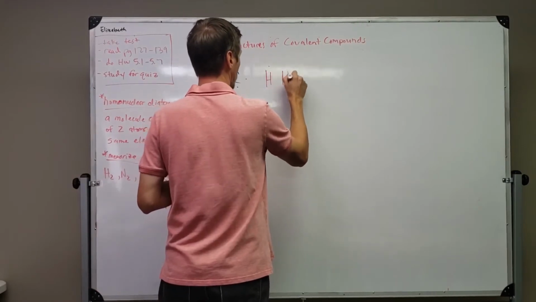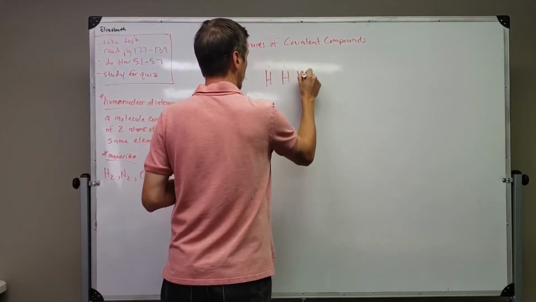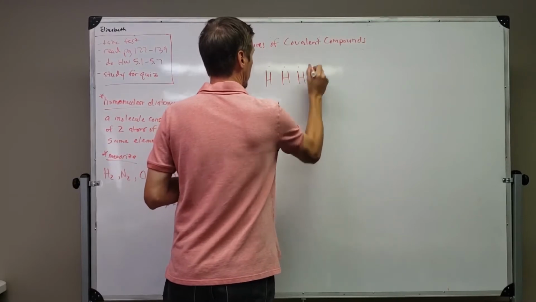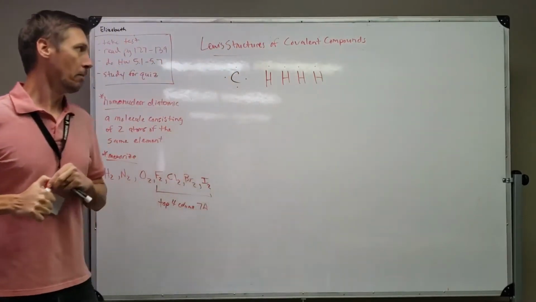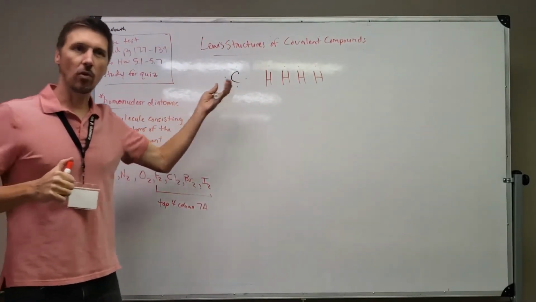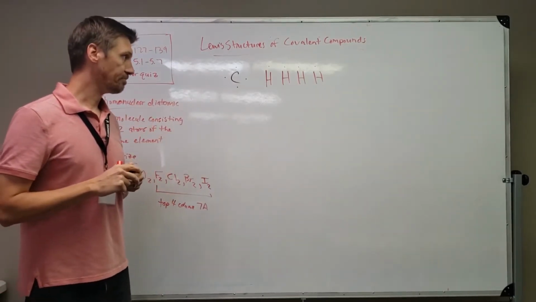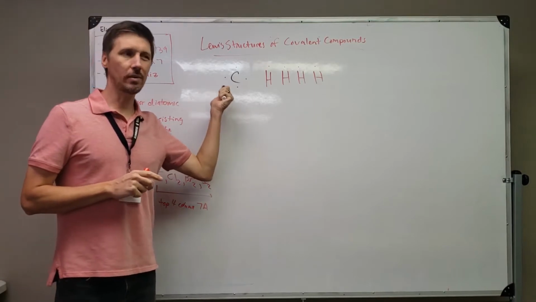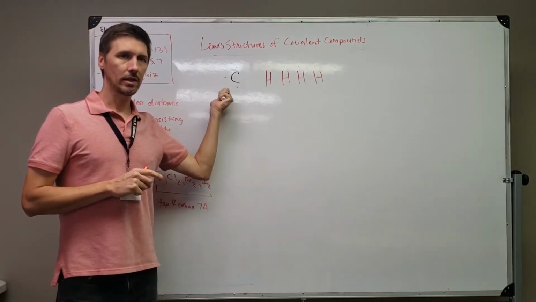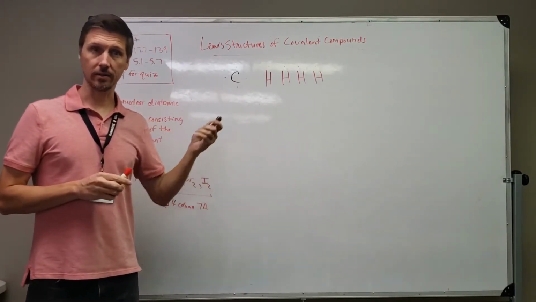I heard multiple, so I don't know who to give credit to on that. You'll have to impress me again later. So let's say we've got 4 hydrogen atoms, each with 1 valence electron. Carbon wants to have how many? 8. It wants to have 8 to be ideal, right?